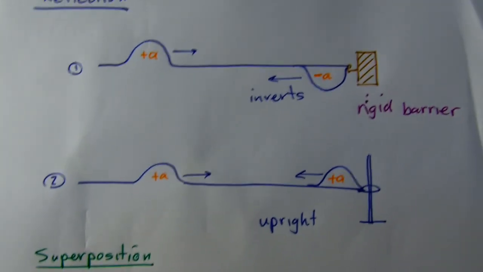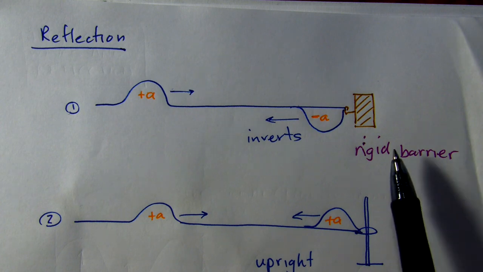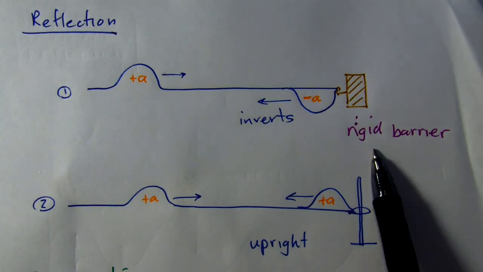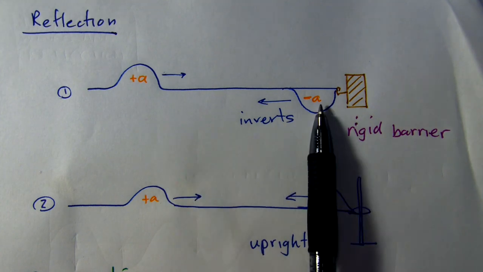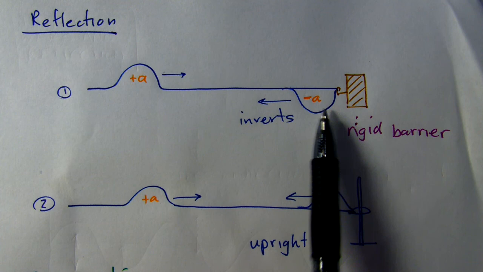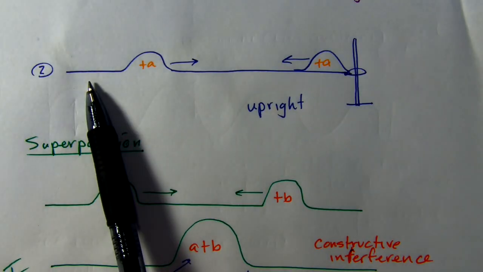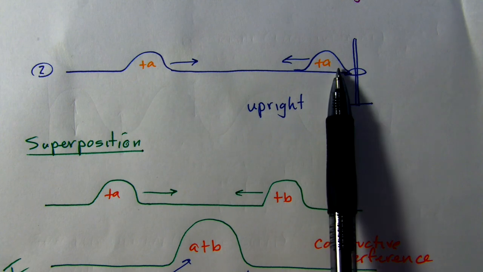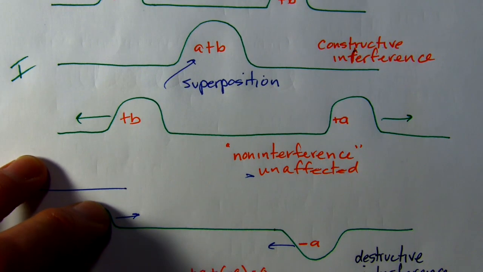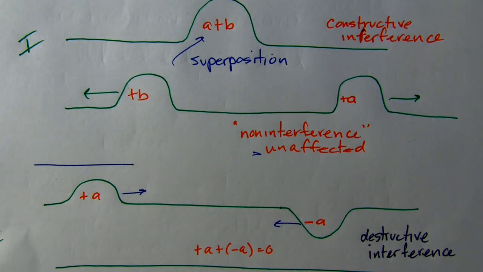But one of the more important concepts is this wave behavior of reflection and the concept of rigid or loose barriers. And so a fixed rigid barrier here, the reflection is inverted. That's certainly going to play a part when we do sound waves. And then here we have an upright return. Okay? And then finally this concept of superposition has to do with what happens when waves come together.